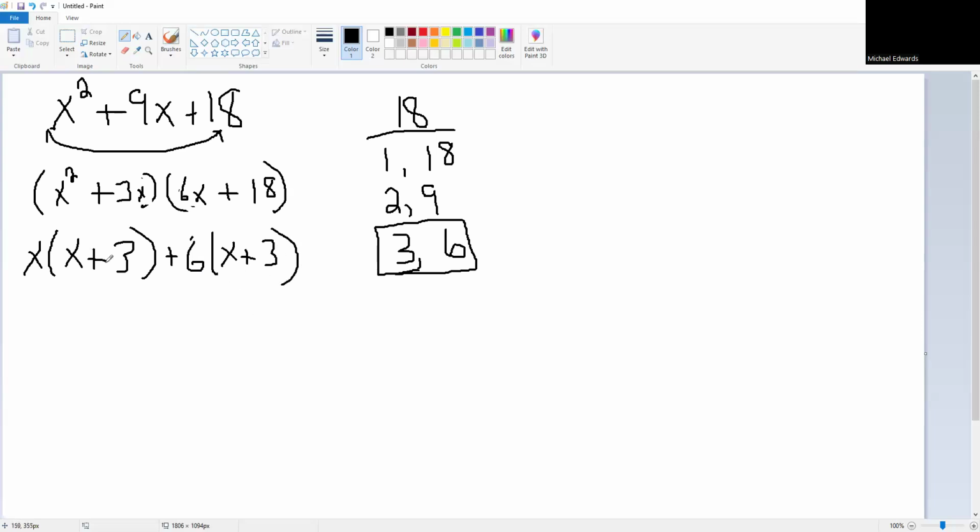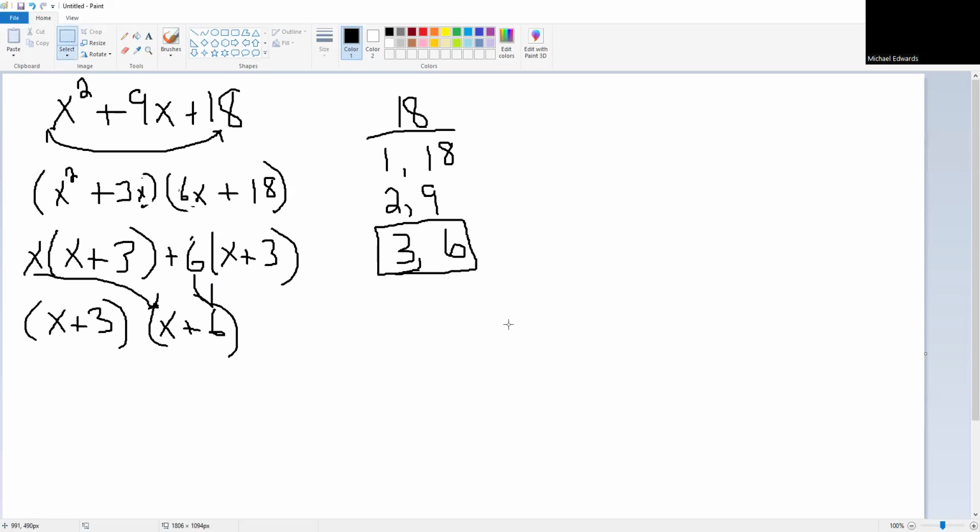Now we have our two like terms, and we'll write those down. And we'll have x plus 6 as our last one. That came from this x and this 6. Okay.